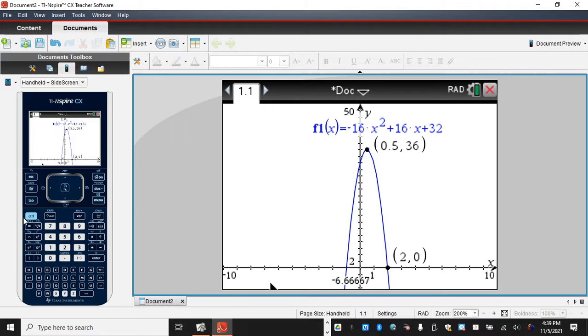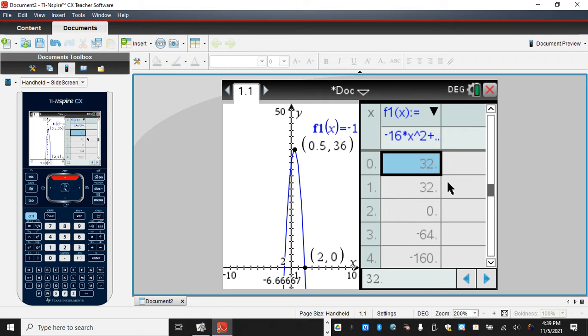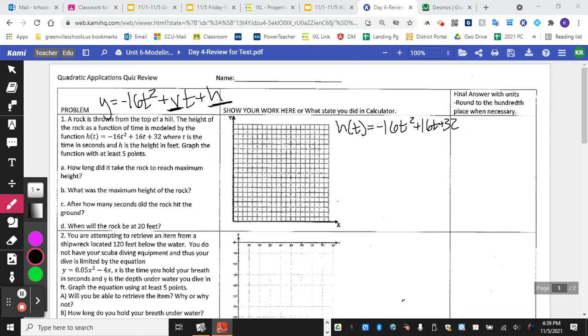I want 5 points. So we have our table, and we always start at 0. 0, 32; 0.5, 36; 1, 32; 2, 0. So those are the points I'm going to graph. 0, 32.